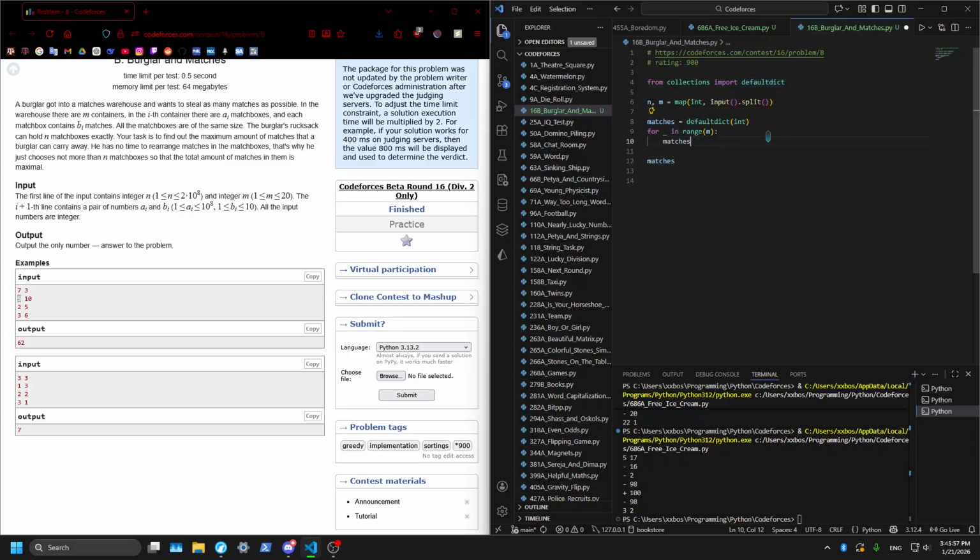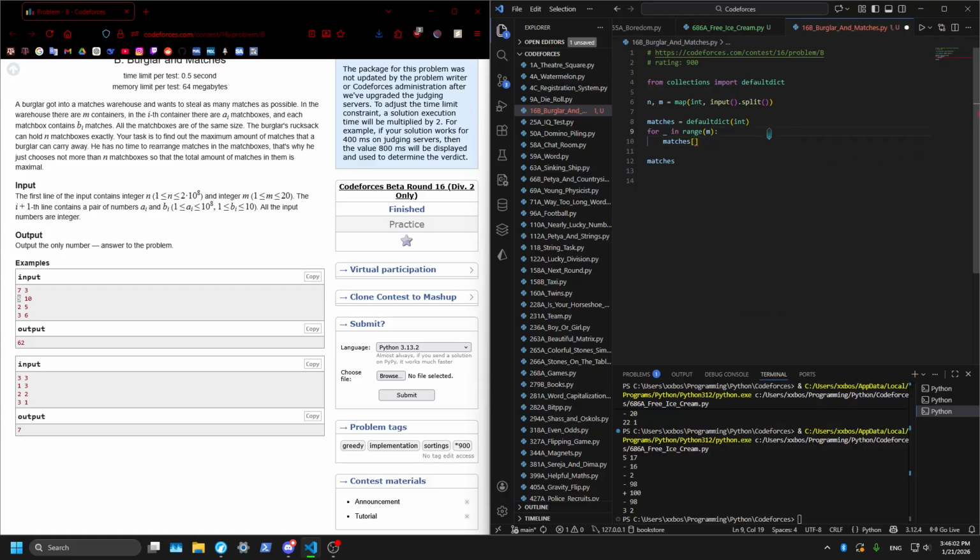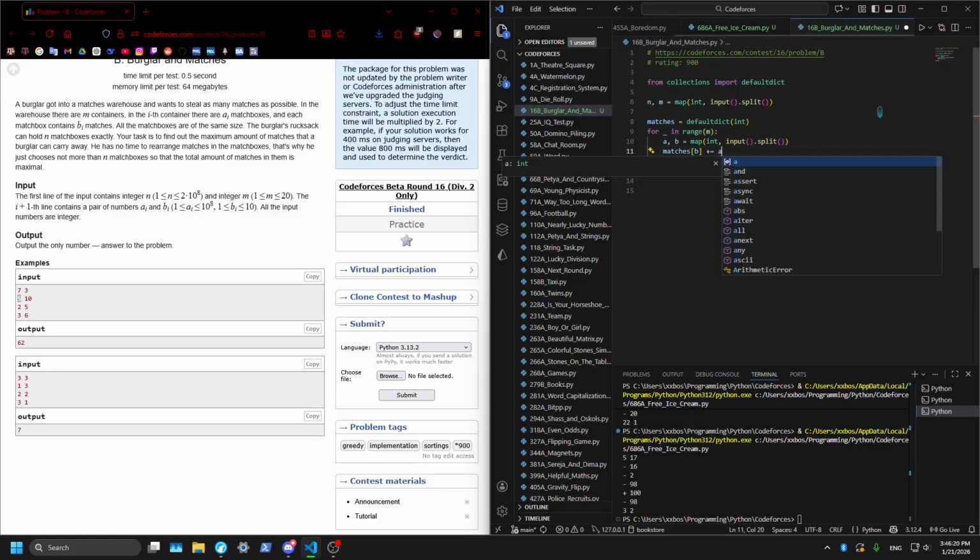Then for B, A in matches, matches of B plus equals A. It should handle the same amounts.